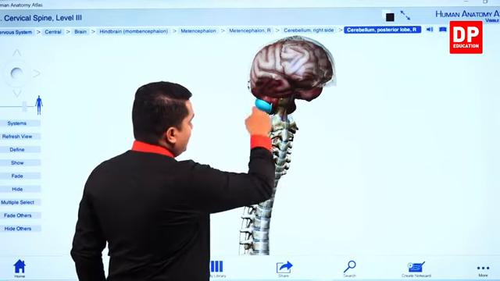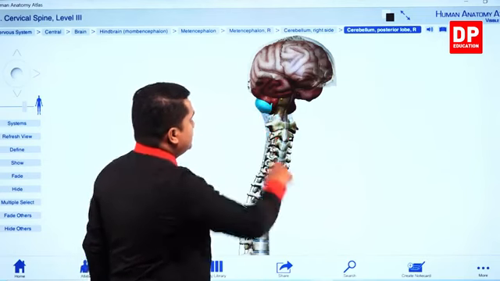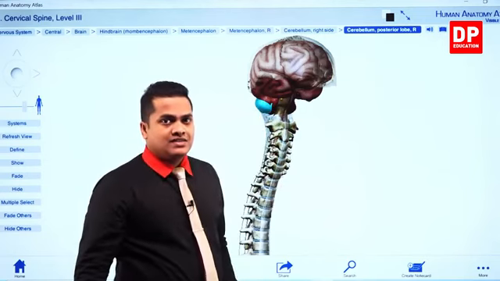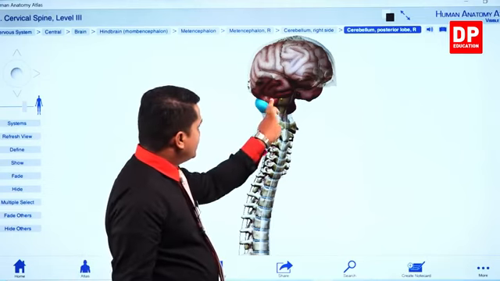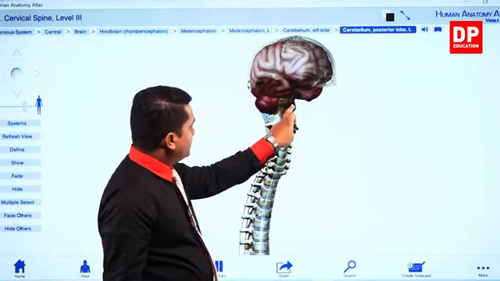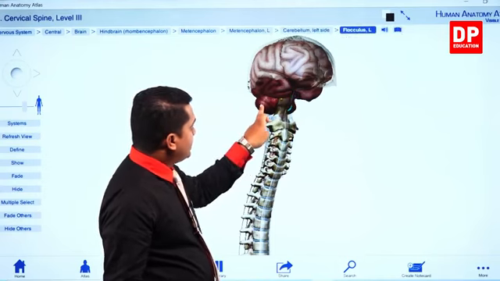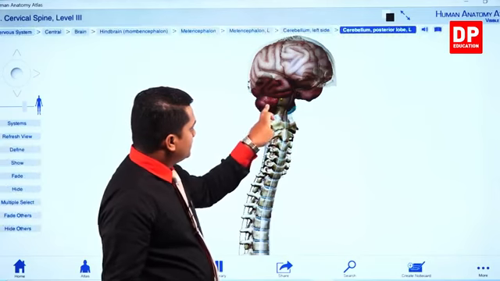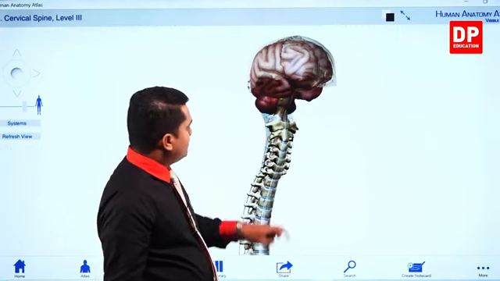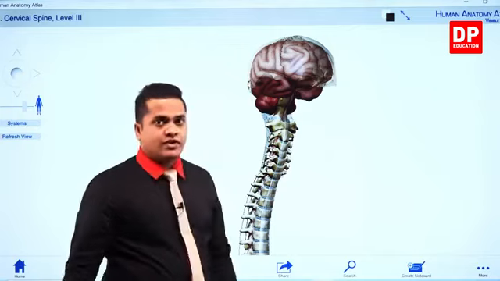This region, this area is referred to as the cerebellum, the second most important area of the brain.